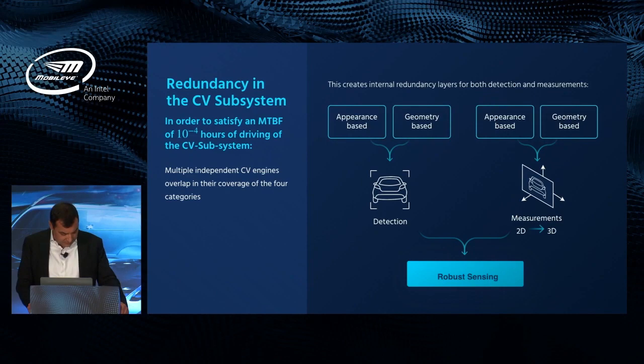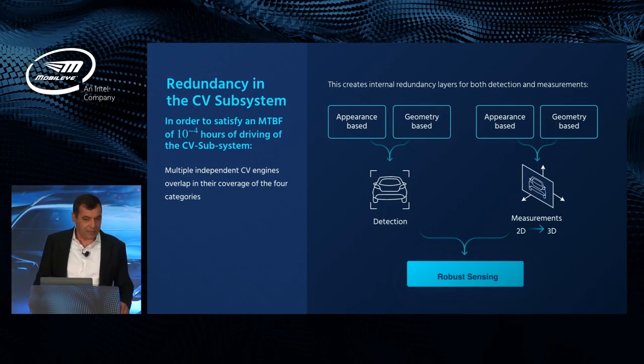Now comes the task of reaching the 10 to the power of minus 4. This is an incredible number. So the way we approach this is we create internal redundancies. These redundancies are not statistically independent, but take, for example, vehicle detection. Rather than building one humongous black box network, deep technology for detecting vehicles, we do it multiple times using different algorithms.